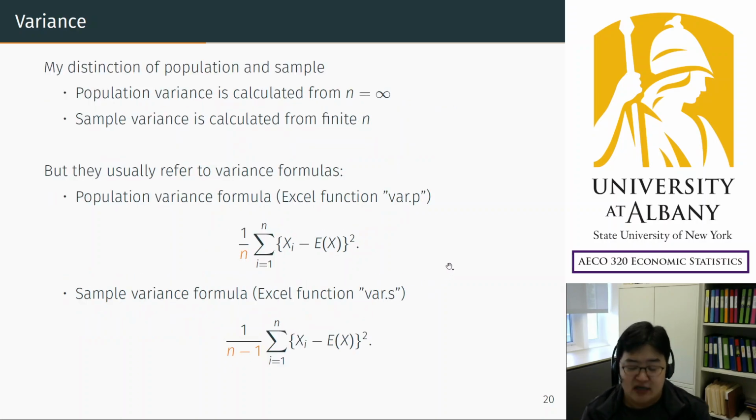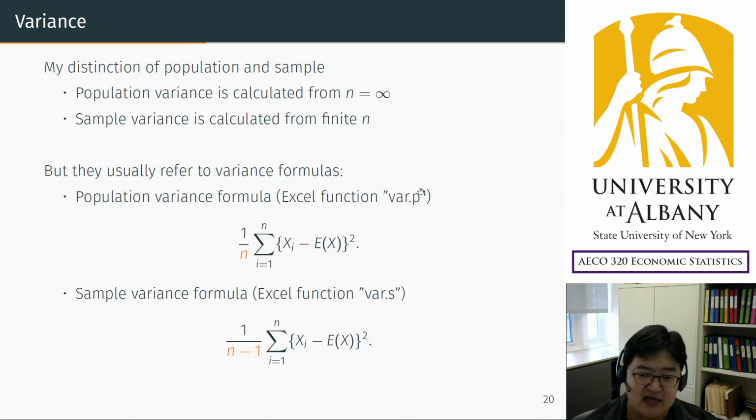To summarize, I'm going to give you a formula for the variance, but here is a tricky thing. There are two different formulas commonly used in practice, and their names are the population variance formula and the sample variance formula. Excel has both.